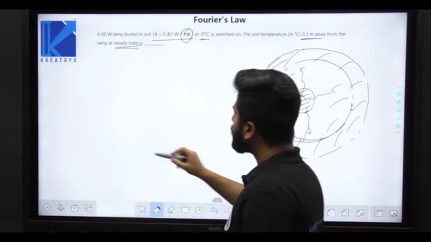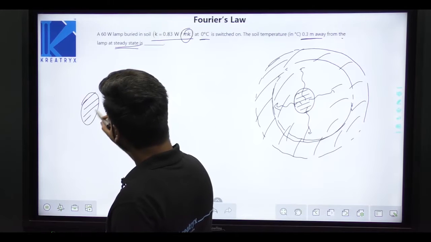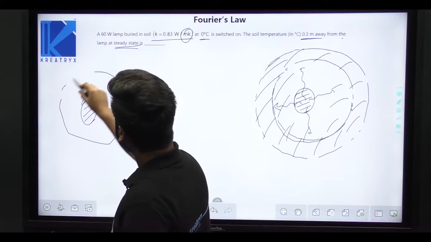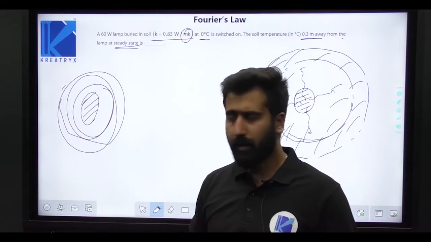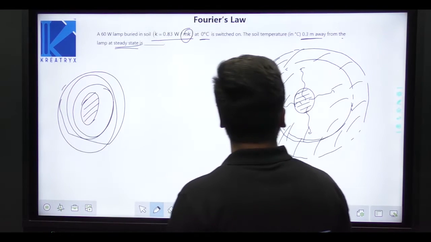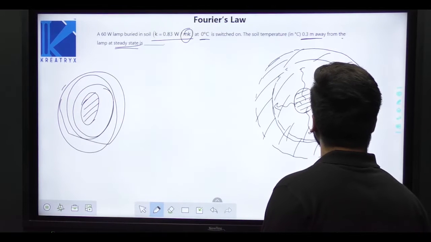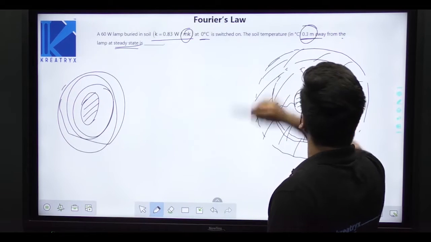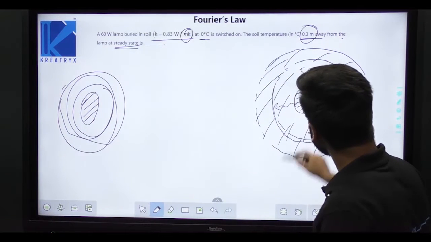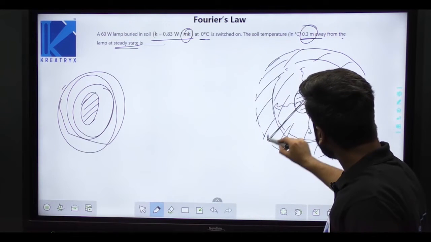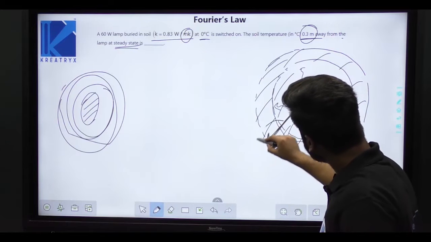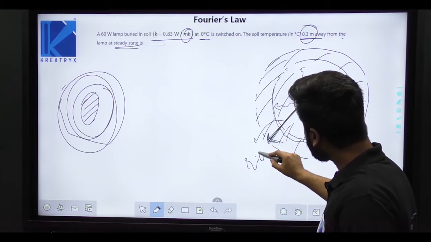So earlier the lamp was at 0 degree Celsius, and we will be assuming that the soil surrounding the lamp was also at 0 degree Celsius. We can safely assume that. We need the soil temperature 0.3 meters away from the lamp at steady state, so R is equal to 0.3 meter.